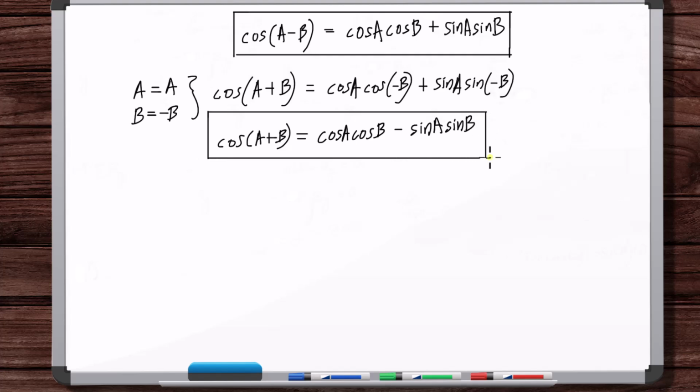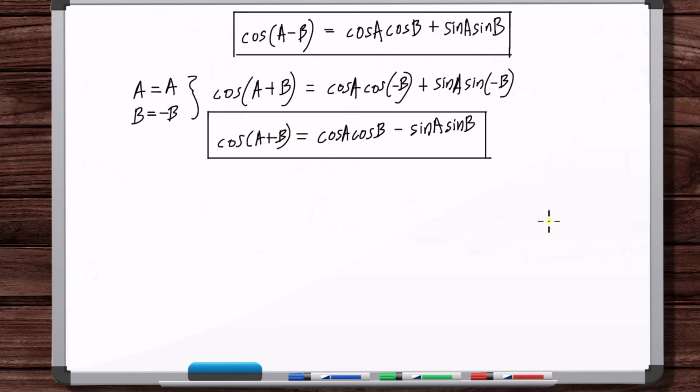There's the sum identity for cosine. All right. Now, next, let's get the sum identity for sine. So sine of a plus b. To do this, we start by using one of the cofunction identities that relates sine and cosine.